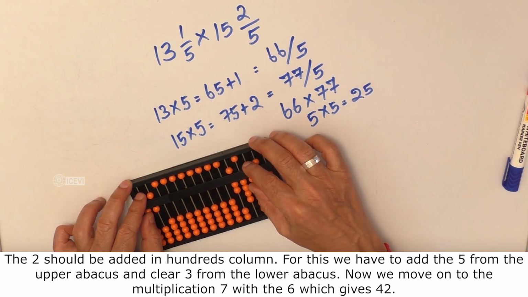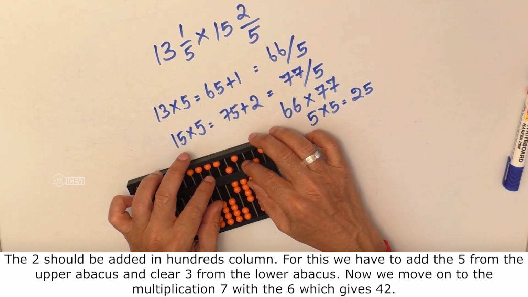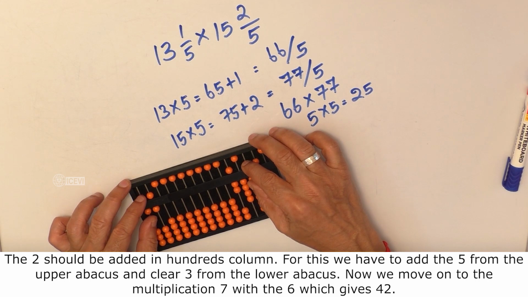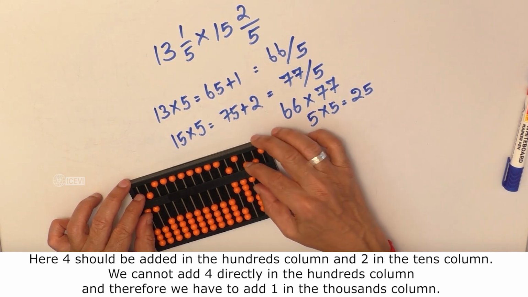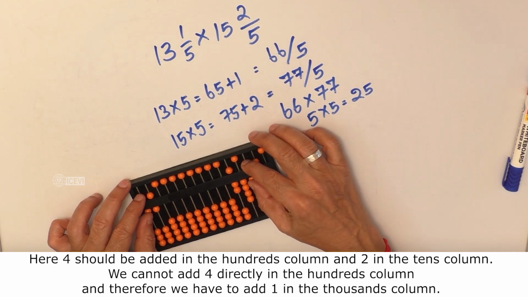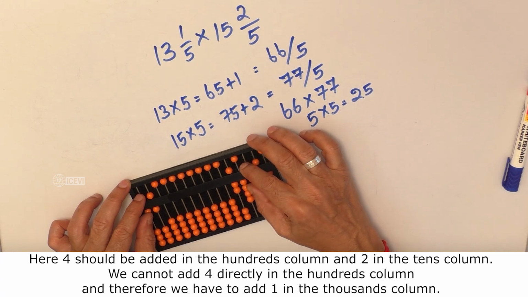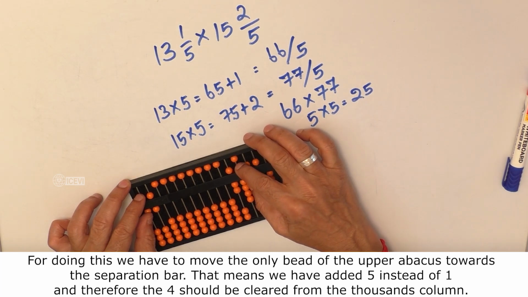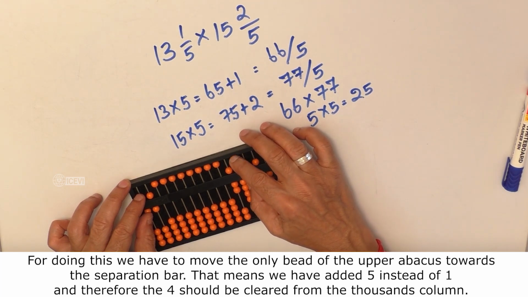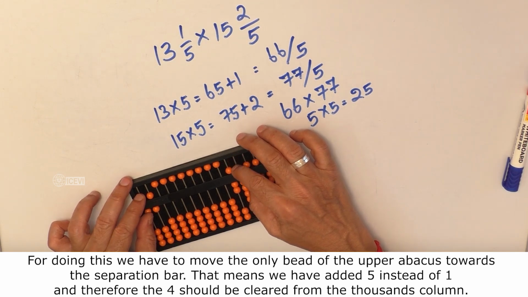Now we have to move on to the multiplication of 7 with 6, which gives 42. Here 4 should be added in the hundreds column and 2 in the tens column. We cannot add 4 directly in the hundreds column, and therefore we have to add 1 in the thousands column. For doing this, we have to move the only bead of the upper abacus towards the separation bar.